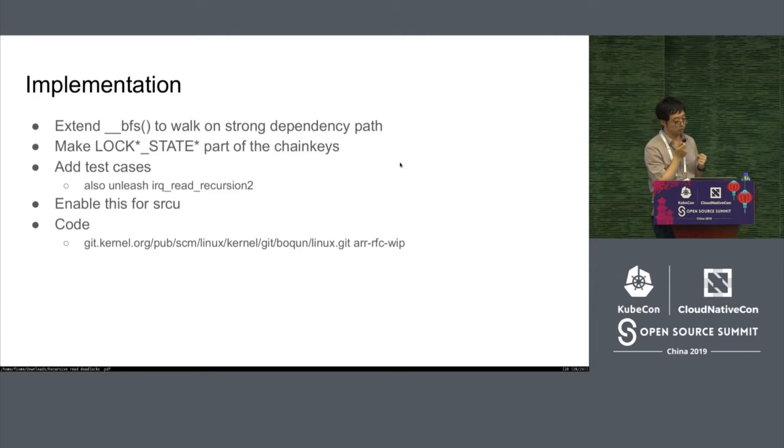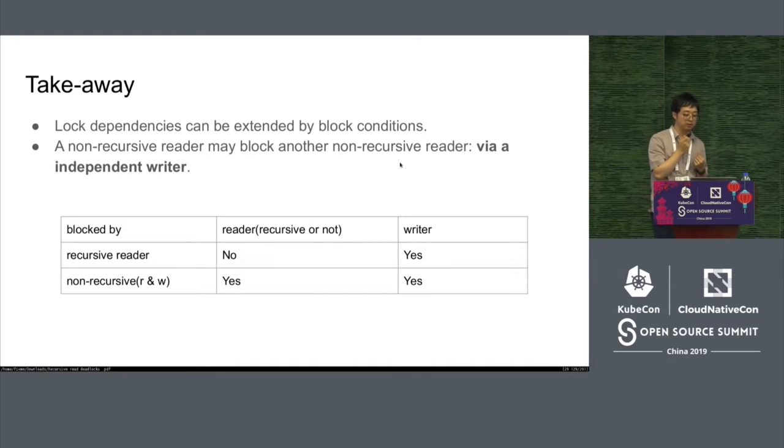One good point is that when Lockdep first appeared, it had its own deadlock test, called RQ Reader Recursion 1. After I added the algorithm, it ran very well. It proves that my implementation of the algorithm is consistent with the previous thoughts.